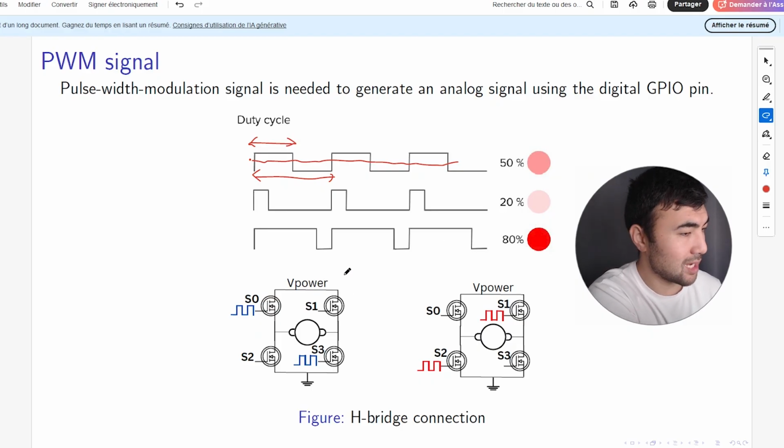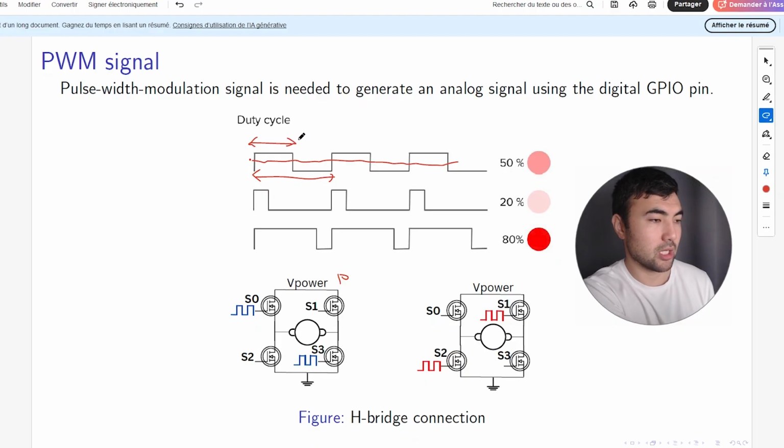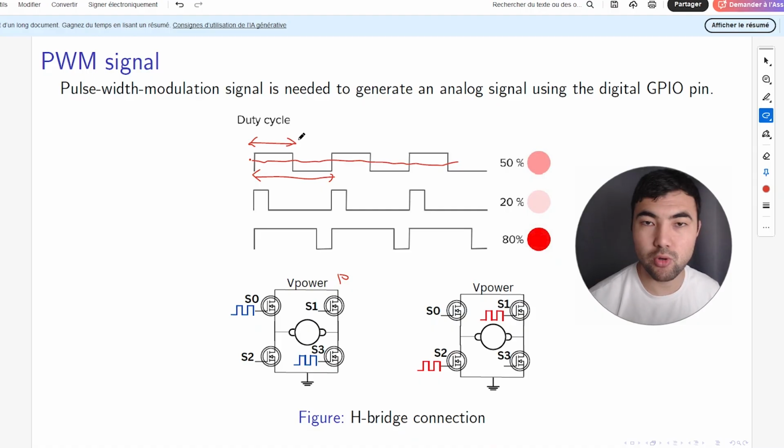For example, if this is 10 volts, and the PWM signal duty cycle is 50%, the voltage around the motor is around 5 volts. But if we set a 20% duty cycle, we can get 2 volts, for example. So this way, by just adjusting the duty cycle, we can control the velocity of the motor.